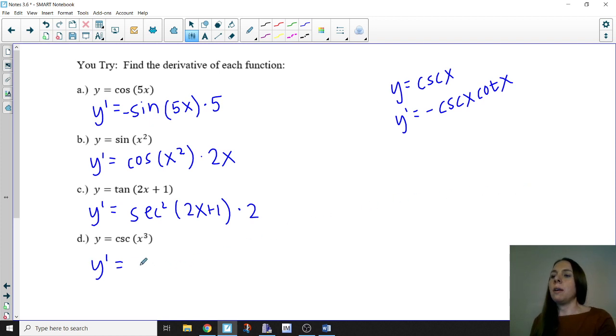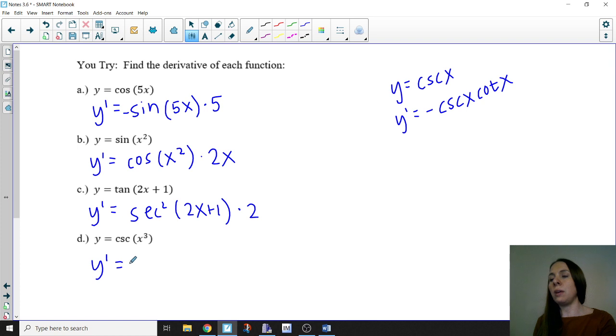Okay, so since there are two functions in the derivative, when you do your derivative rule, the inside of your original function needs to go into both of those functions. So you're going to be writing x cubed twice. Okay, it's going to look like this.